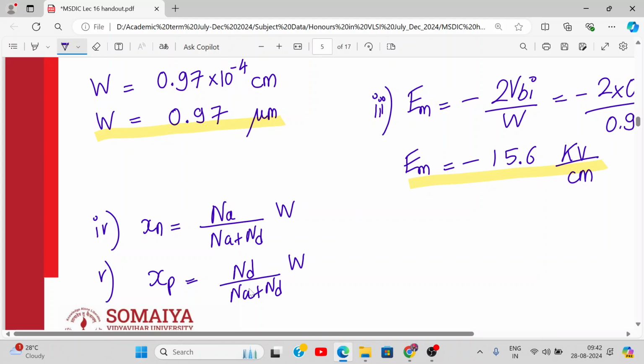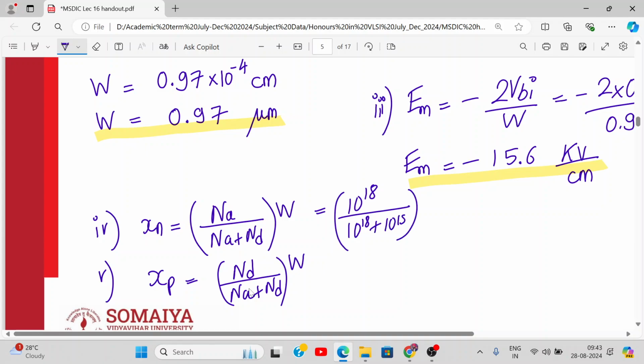You're directly finding XN, it's a fraction, as you can clearly see. So this will be 10 raised to 18 divided by 10 raised to 18 plus 10 raised to 15 into W, which is 0.97 into 10 raised to minus 4. This will be 10 raised to 15 upon 10 raised to 15 into 0.97.